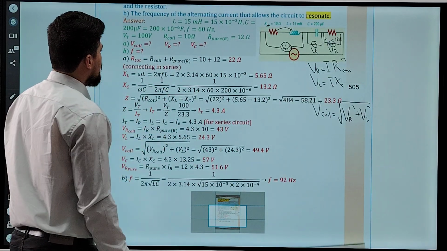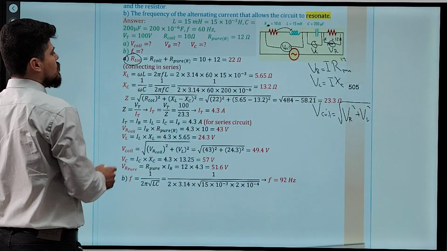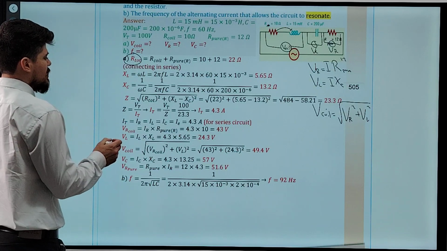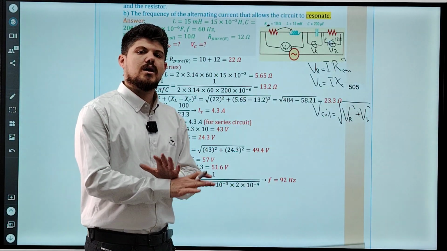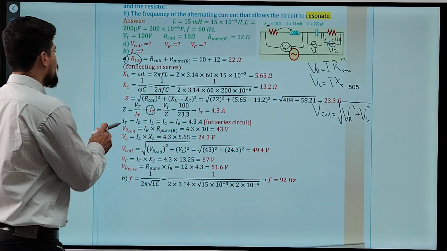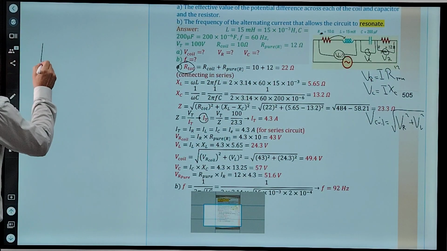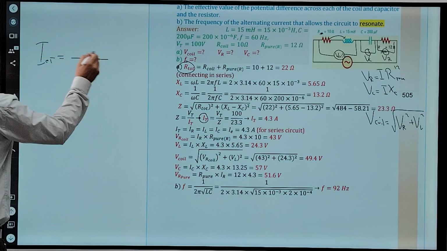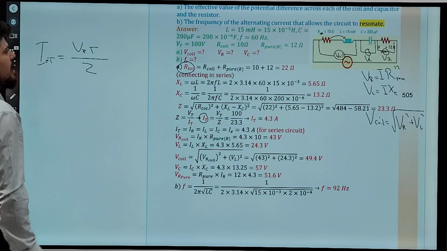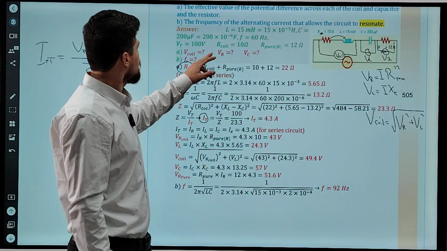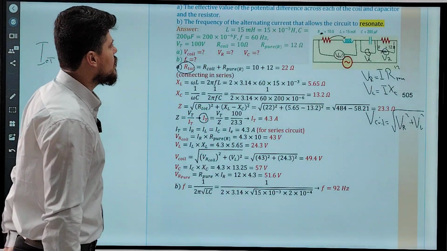So that is why at first you have to find the R total, because in this question we need current. In a series connection, the values of current are equal. At first you have to find what? I total is equal to V total divided by Z. Do we have V total? Yes, what's given is equal to 100 volt.